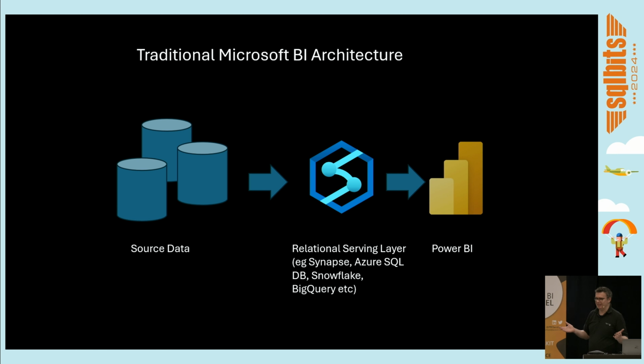You maybe did some ETL on it. You created a star schema. You put that star schema in a relational database. Old days that would have been SQL Server. Nowadays, it might be Synapse dedicated pools. It might be, God forbid, even Snowflake or BigQuery or something. And then you put your semantic model on top of that inside Power BI. That's the way things have always been.